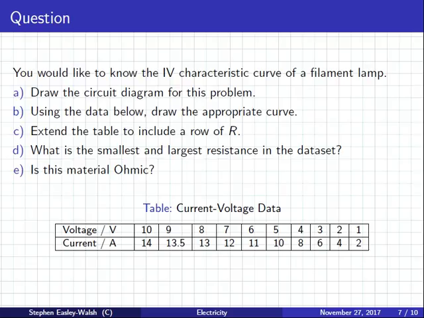Okay, do you have that table? Yeah? So, all I need to do, because I have my Excel program open, is just change the values in my table.